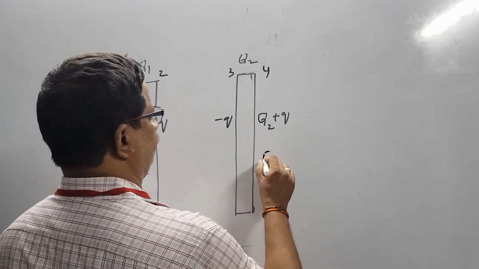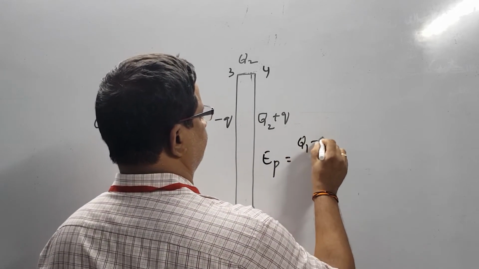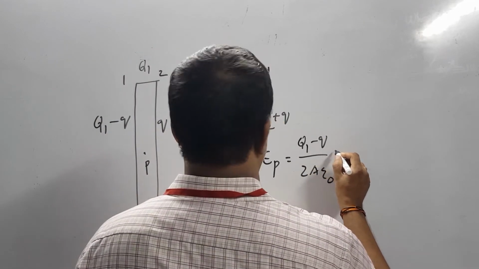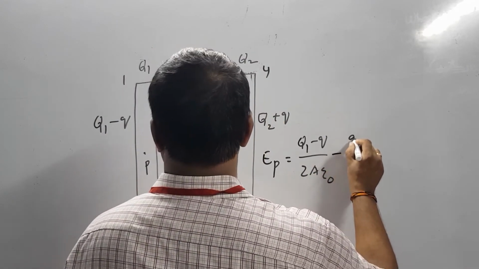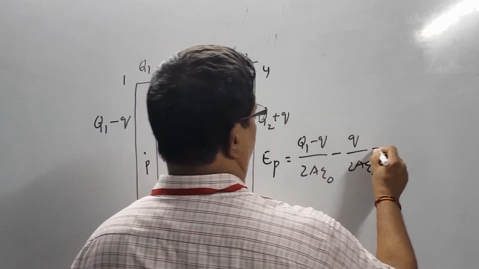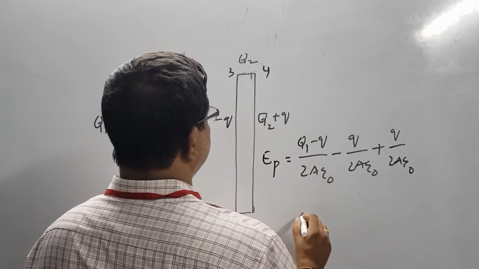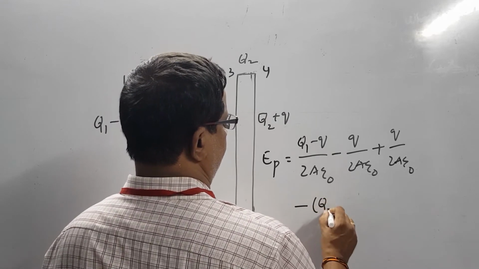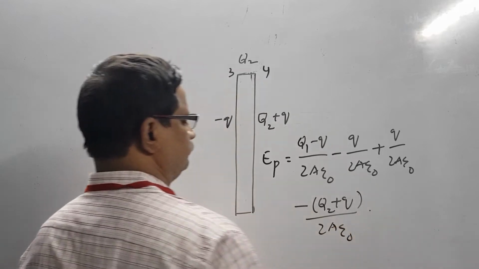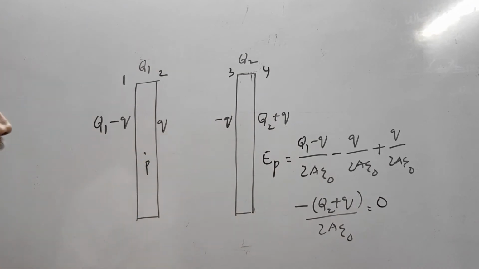So the resultant electric field at P will be equal to (Q1 minus Q) divided by 2A epsilon 0, minus Q divided by 2A epsilon 0, plus Q divided by 2A epsilon 0, minus (Q2 plus Q) divided by 2A epsilon 0, and this should be equal to 0 because the point P is inside a conducting body.